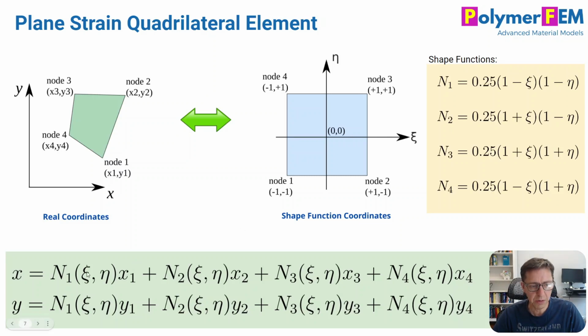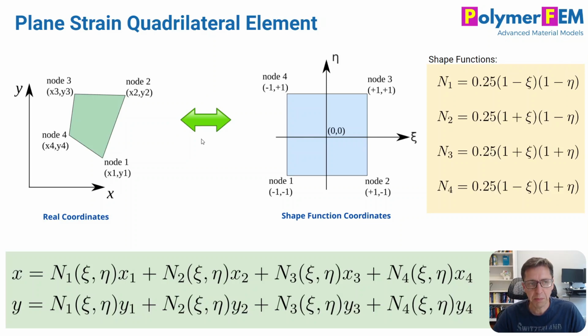You just calculate n1 for that xi and eta at x1, x2, x3, and x4, like is shown here. And similarly for the y coordinates. So you can directly calculate the x and y coordinates for any point in the natural coordinate system. So that's useful.